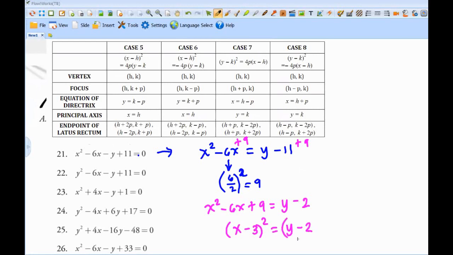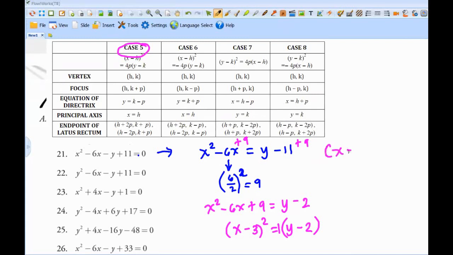Right? So meaning that this is 1. So which case does x minus 3 squared equals y minus 2 lie on? It's positive, so this one, case number 5. Yes. Okay.